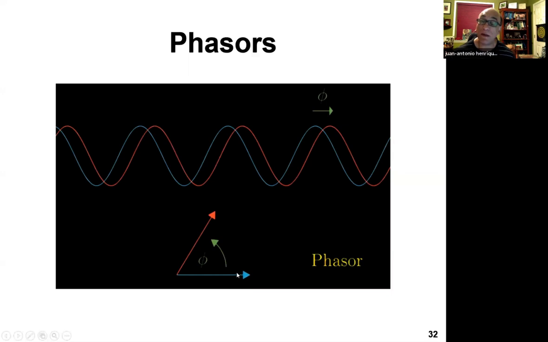As you're standing in this horizontal plane, the first one you'll see is the blue, and then as time passes, eventually you'll see the red. That's how you can determine who's leading who in the phasor domain, and this is how you can determine who's leading who in the time domain, because the blue one is happening before the red one.